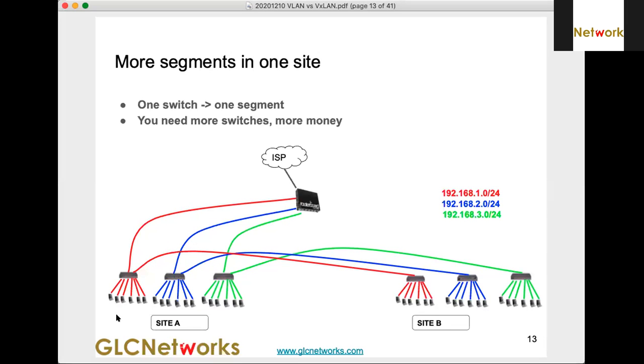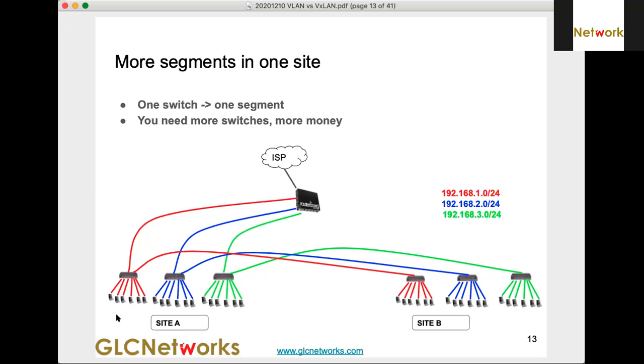You have different networks, and you have to accommodate all of them. You have to buy more switches because each switch will only connect to one segment. As you can see, you are running out of space, consuming more space and more money as well.